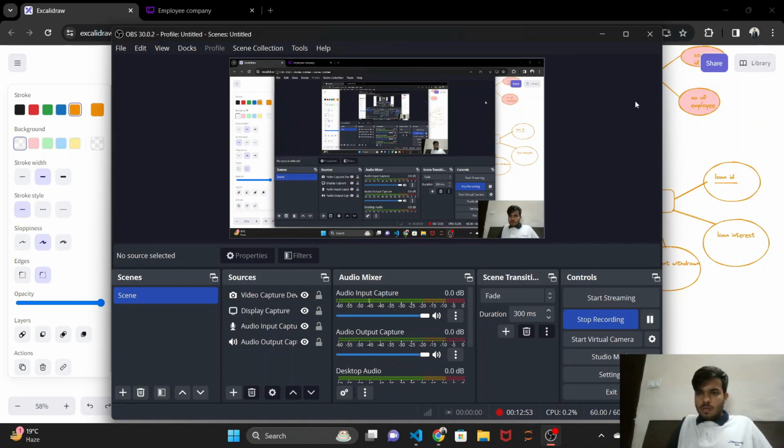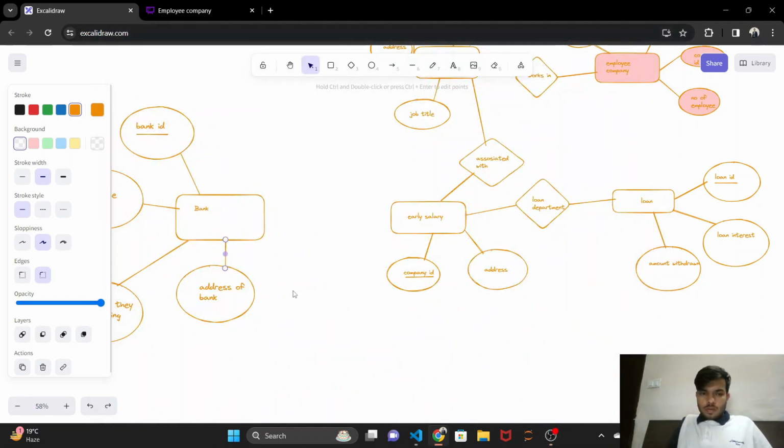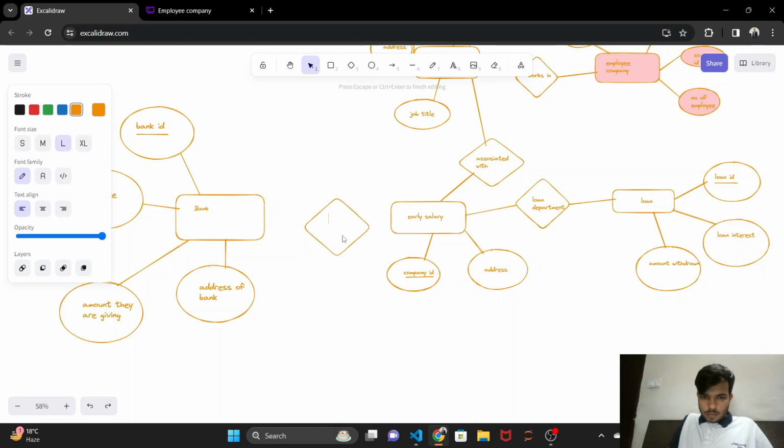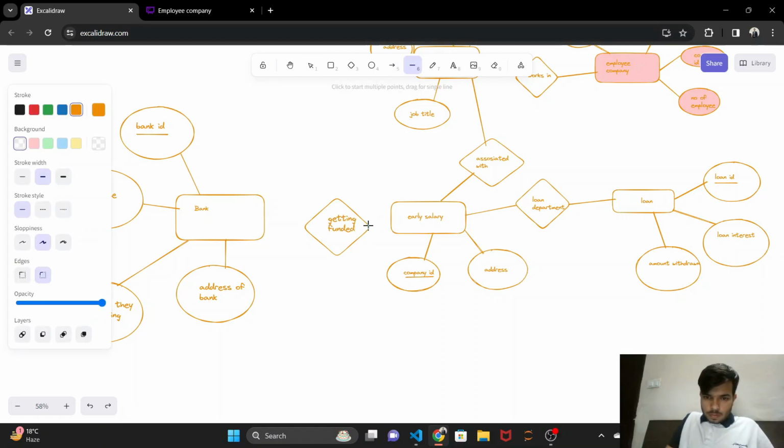So the relation between these two entities will be as bank will be providing funds, early salary will be getting funded by the bank.